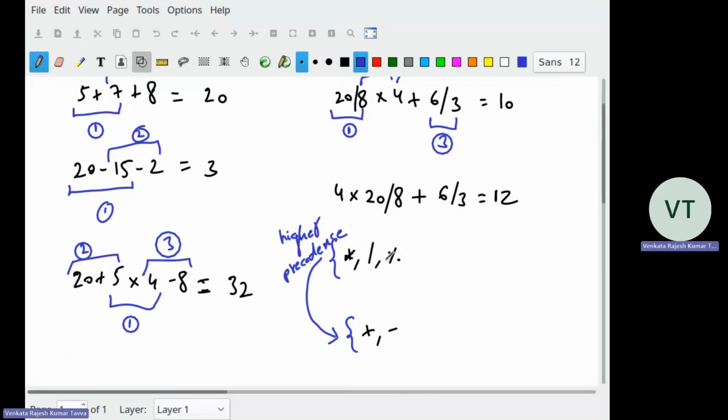These 3 as a group. Now within this group, how to resolve? All of them have the same precedence. And how do you resolve it? Left to right associativity.